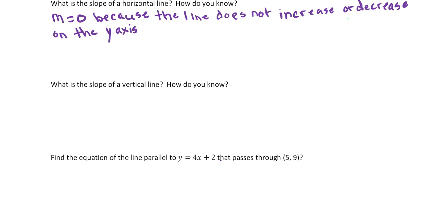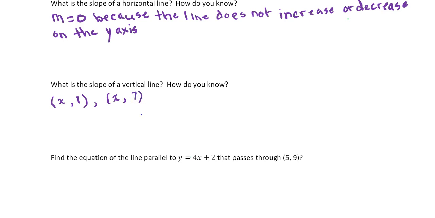All right, so what is the slope of a vertical line, and how do we know? On this one, I'm going to go theoretical for you, and then we're going to talk about the practical, the actual vertical line. So here I'm saying if I have my vertical line, x is, I don't know, say x is whatever, and then we've got 1, and then I've got x and 7.